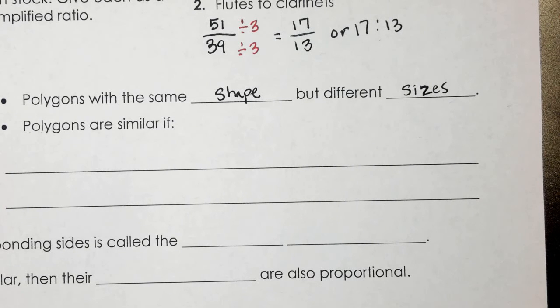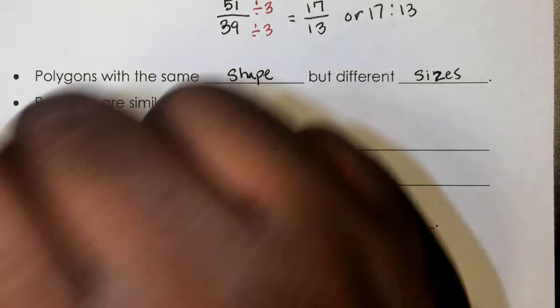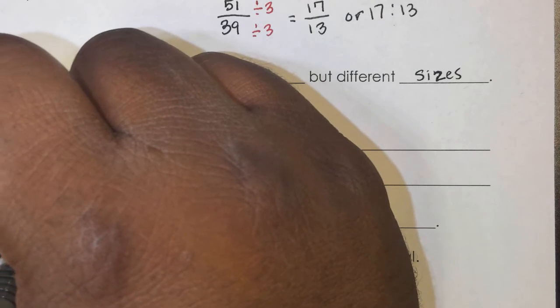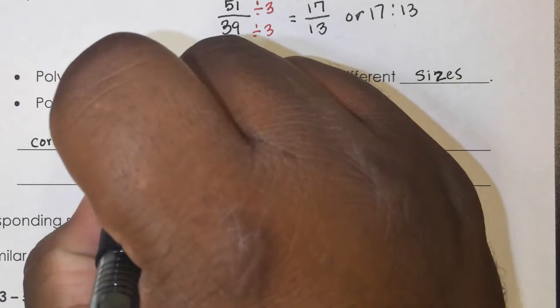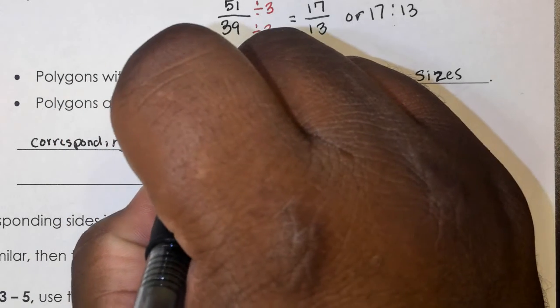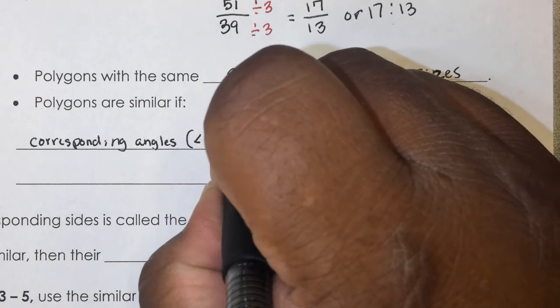Congruent angles make the shape the same. And after that, polygons are similar if corresponding angles are congruent.